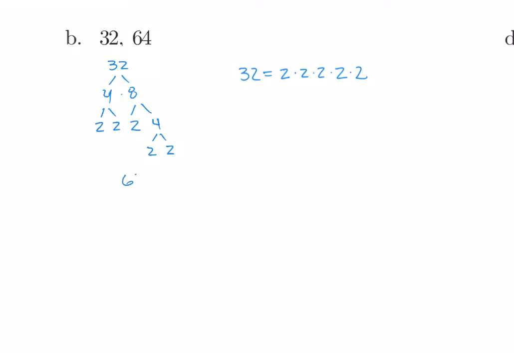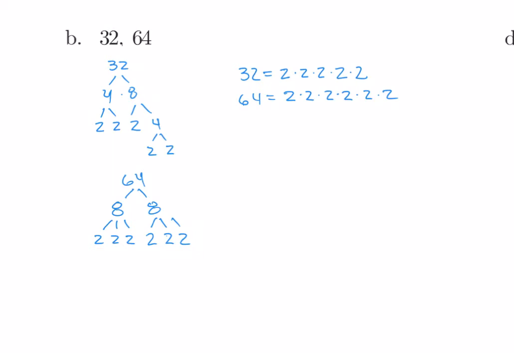If we do 64, 64 is 8 times 8. We already factored 8 already. This is 2, 2, and 2. Same thing here. We get 2, 2, and 2. And so 64 is equal to 6 2's being multiplied together.